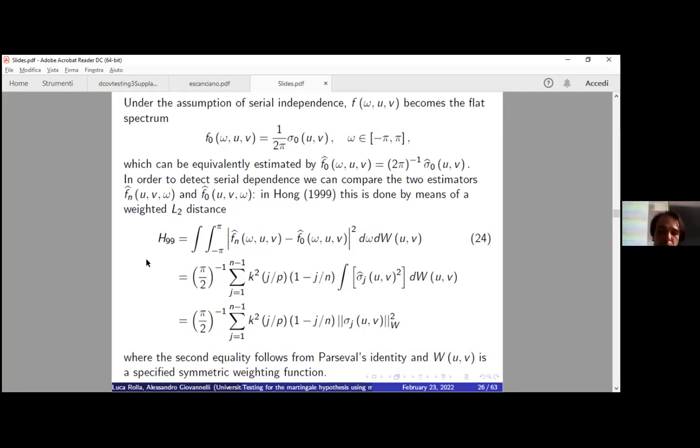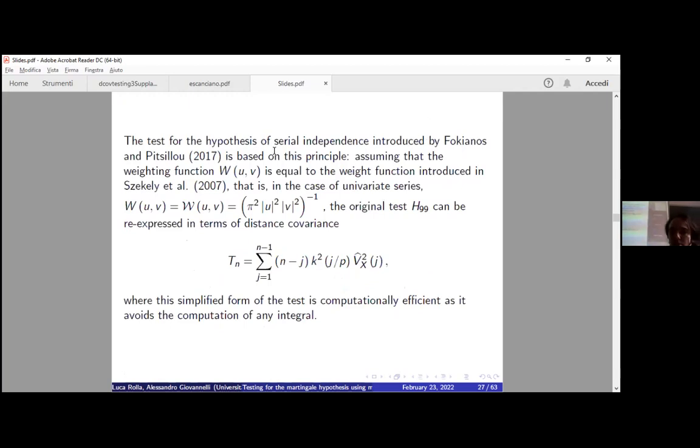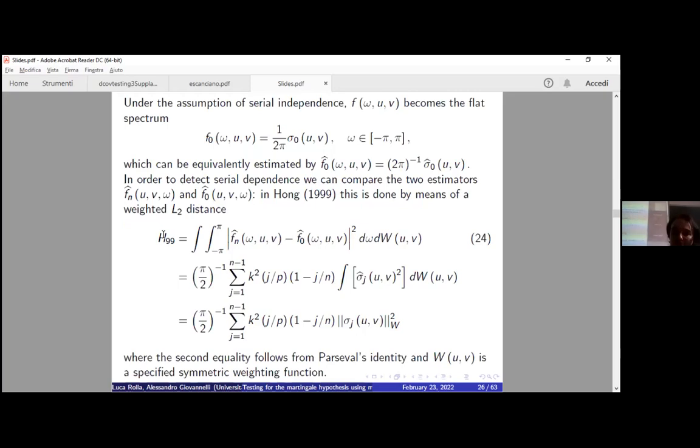And this is what Fokianos does. Fokianos and Pitsillou do this basically. They use distance covariance to solve Hong's expression, and through this they find an explicit way to express this test statistic.